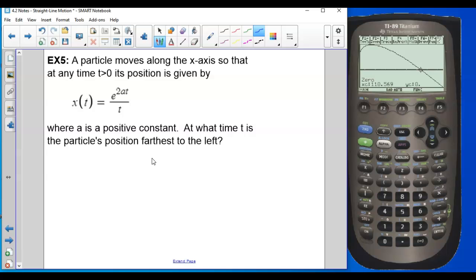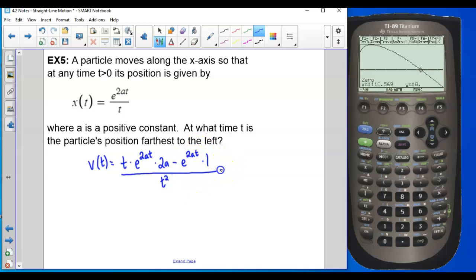And so if we take the derivative here, we would need to use the quotient rule. And so we'd have t times the derivative of e to the 2at, which is going to be e to the 2at times the derivative of 2at, which is 2a, minus e to the 2at times the derivative of t, which is 1, all over t squared.